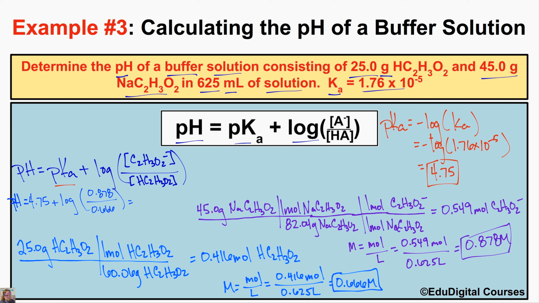And when we put this all in our calculator, we end up with a pH of 4.87.